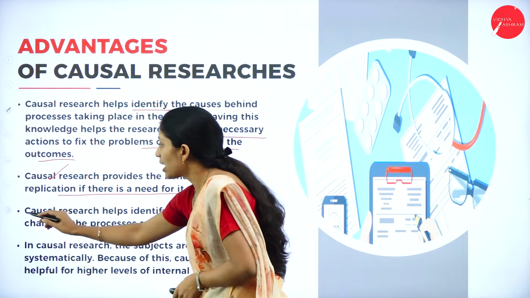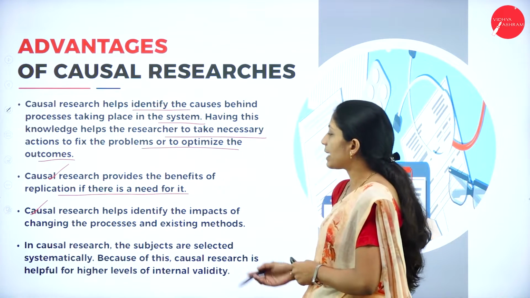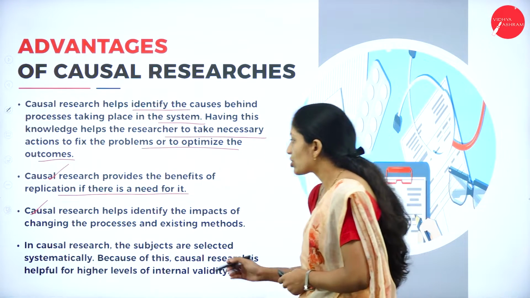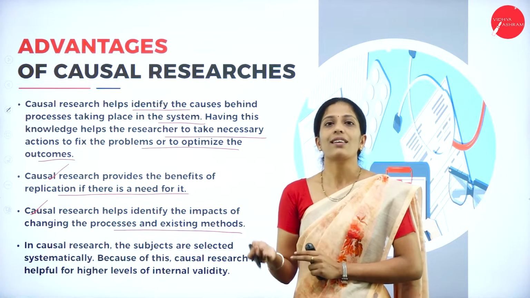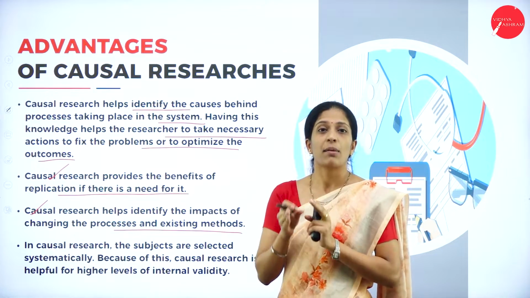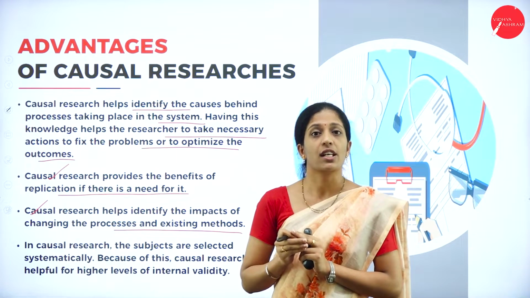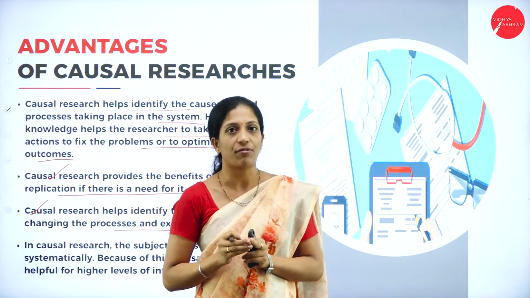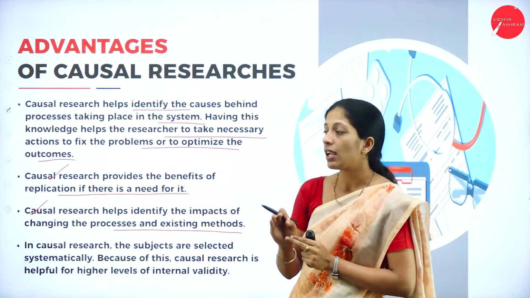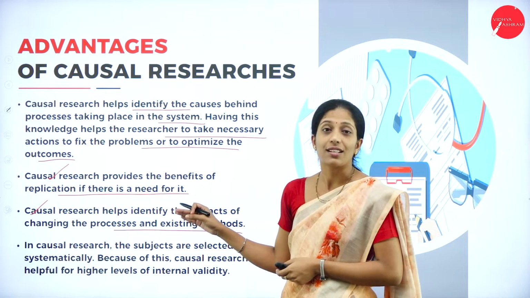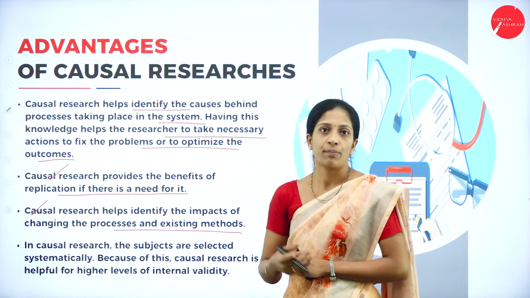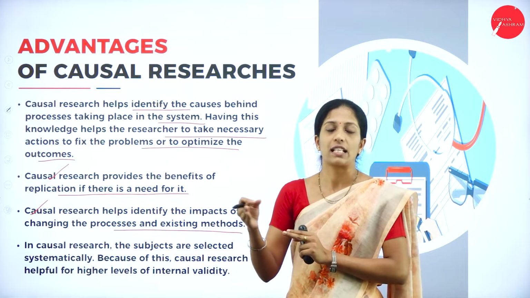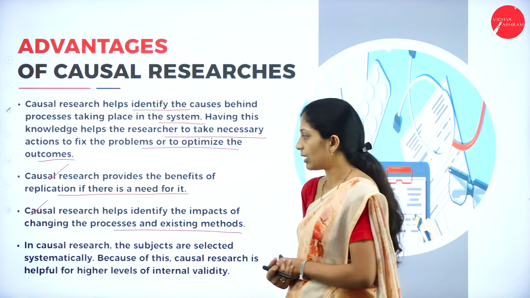And the next one is, causal research helps to identify the impact of changing the process and existing methods. What are the changes that take place? Because the main intention of experimental research is to identify the cause and effect relationship. Thereby we can identify what changes take place in a particular process and in the existing methods.